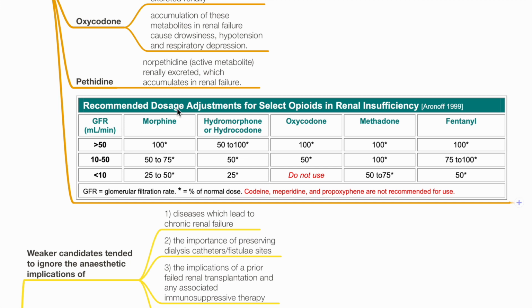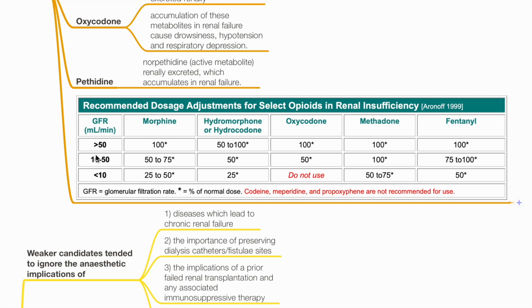If GFR is more than 50 mL per minute, morphine, oxycodone, methadone, and fentanyl may be given at usual doses, but hydromorphone or hydrocodone should be reduced to 50%. If GFR is between 10 and 50 mL per minute, morphine dose should be reduced to 50 to 75% of normal dose, hydromorphone and oxycodone 50% of normal dose, methadone 100% of normal dose, and fentanyl 75 to 100% of normal dose.